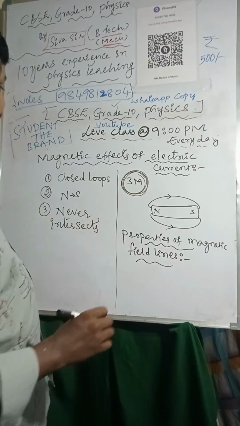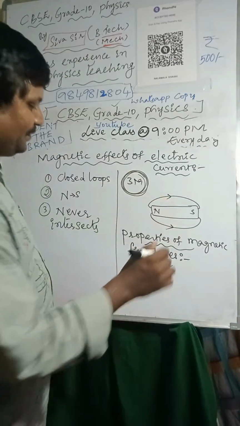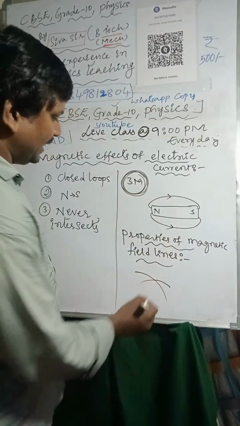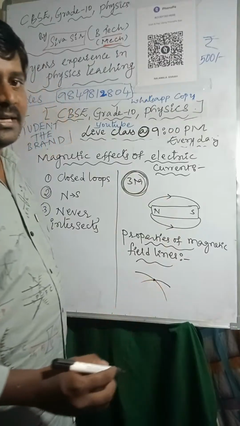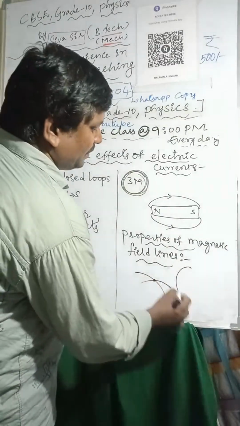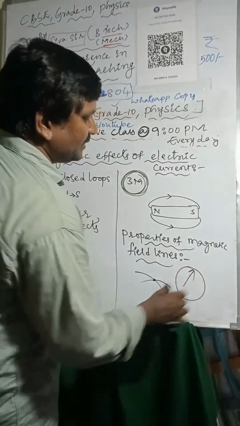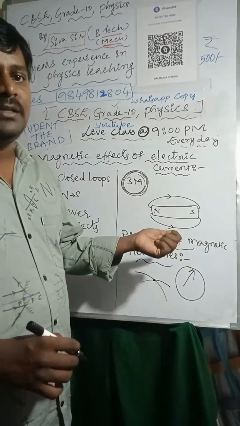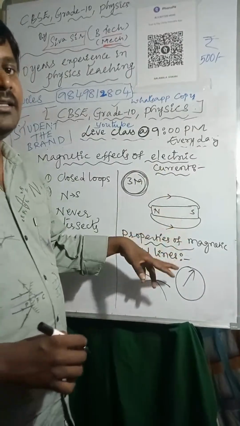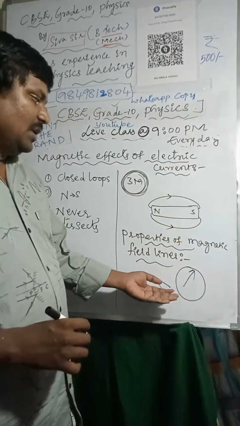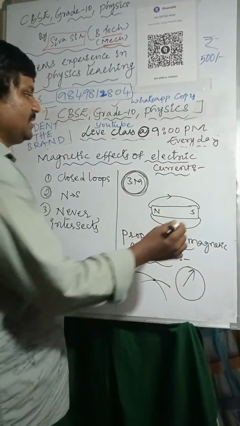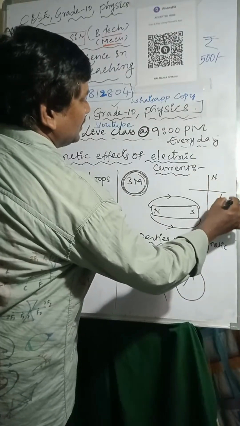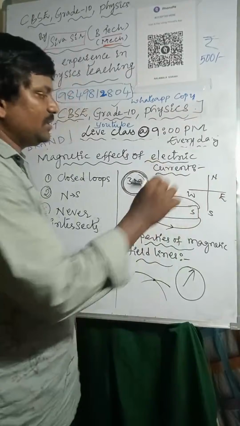If they intersect, at the point of intersection, if these two lines intersect, take a compass. Inside a compass there is a small magnetic needle, so it always shows the north and south direction. North, south, east, west.